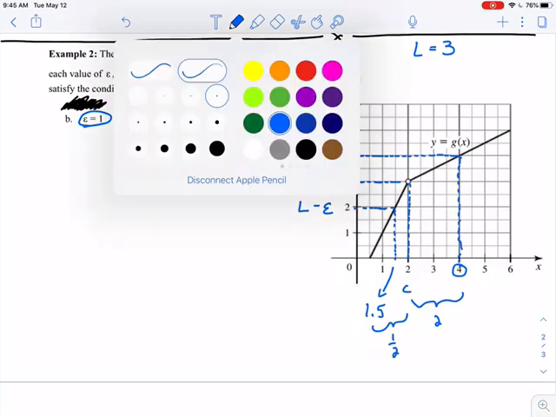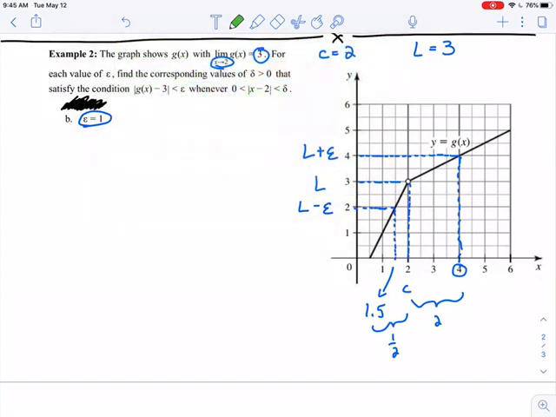So I would expect in this case that we would think, okay, let's try delta equals 2. I'm going to try delta equals 2, and I'm going to put a little question mark after that because I don't really know. So what that means is if I take a number between c minus 2 and c plus 2, plug it into my function, I want to end up between L minus epsilon and L plus epsilon.